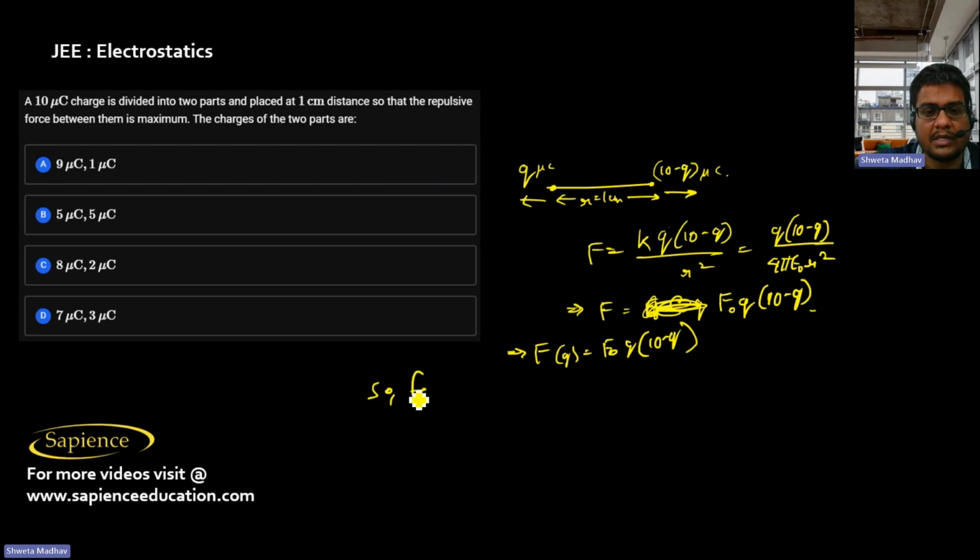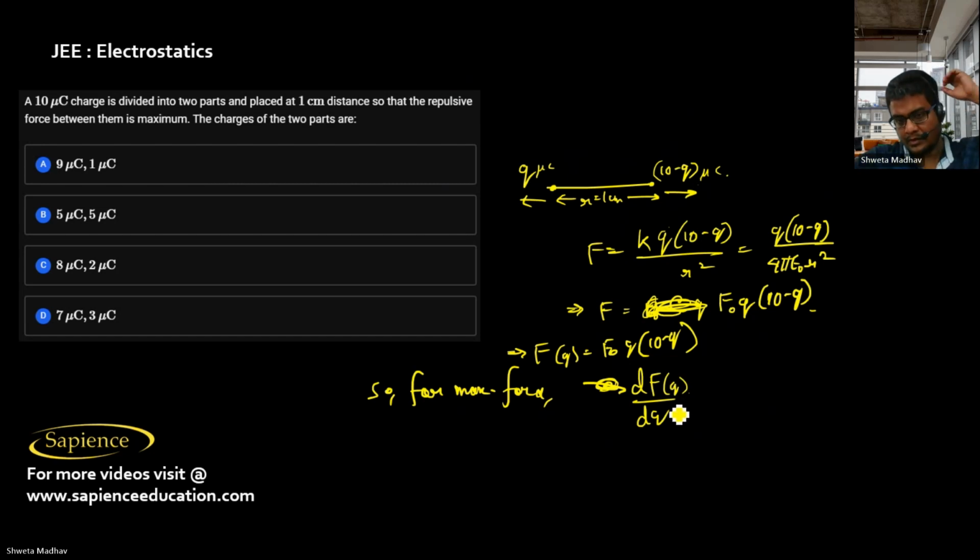So for maximum force, dF by dq should be equal to 0.